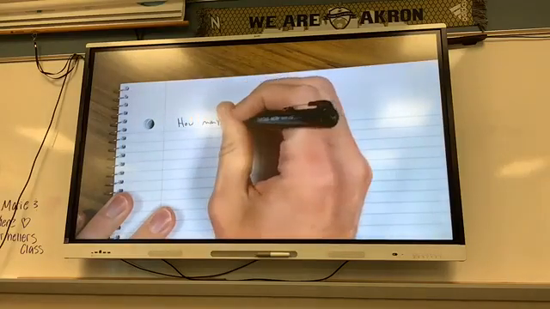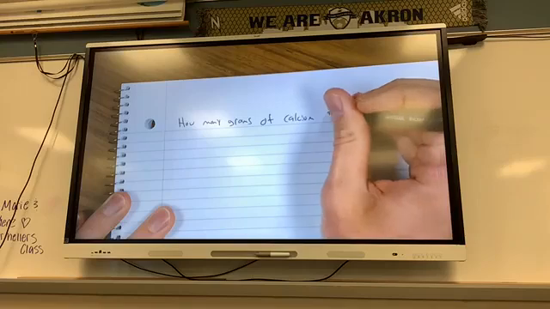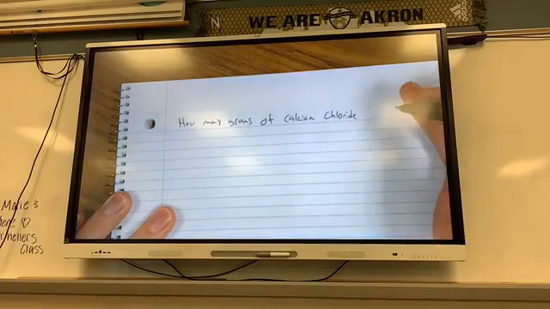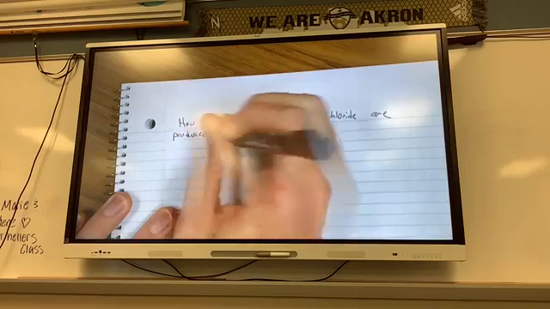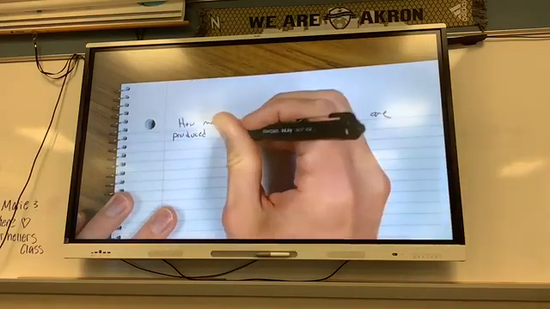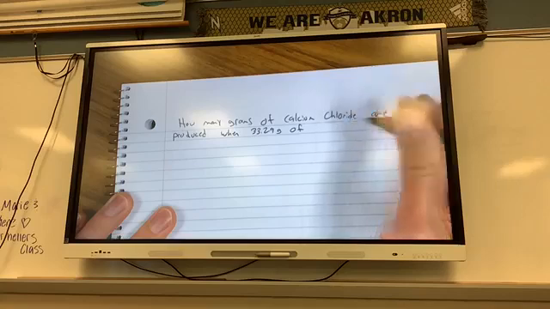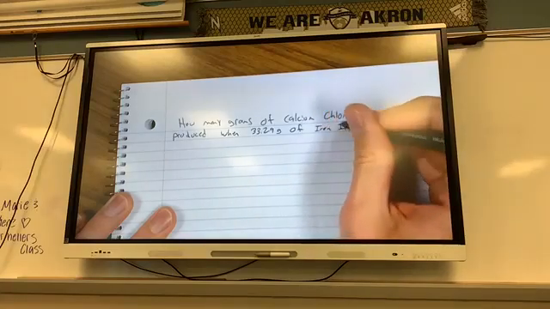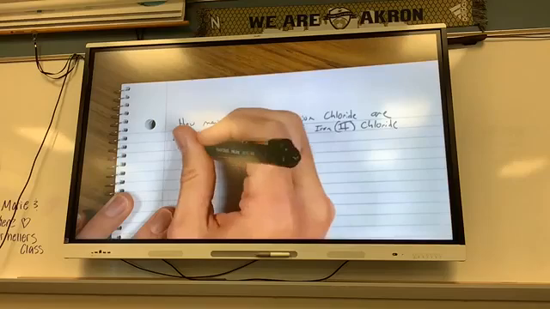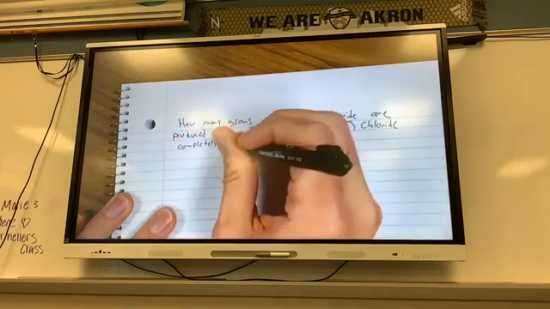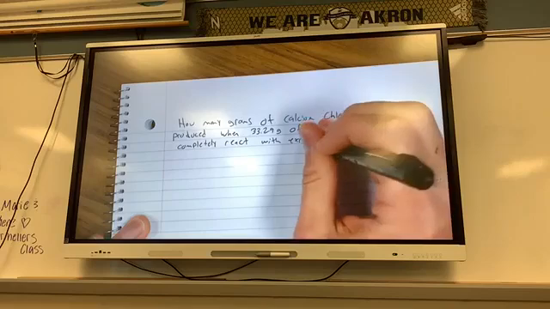How many grams of calcium chloride, so let's get very chemistry-y here, how many grams of calcium chloride are produced, and how I write this is important, when 33.29 grams of iron 2 chloride completely react with excess calcium hydroxide.